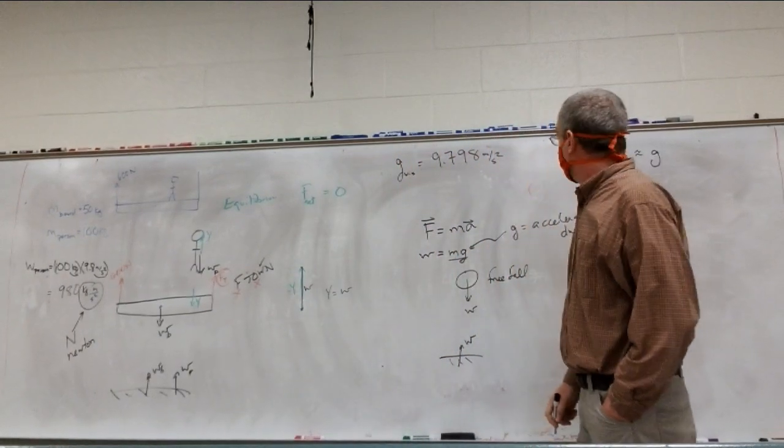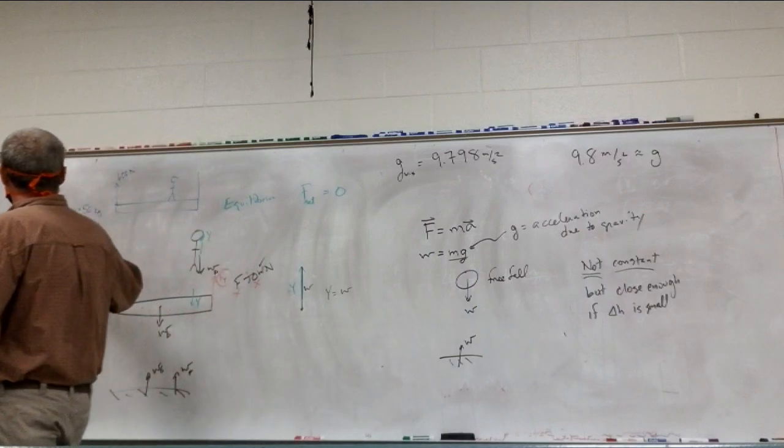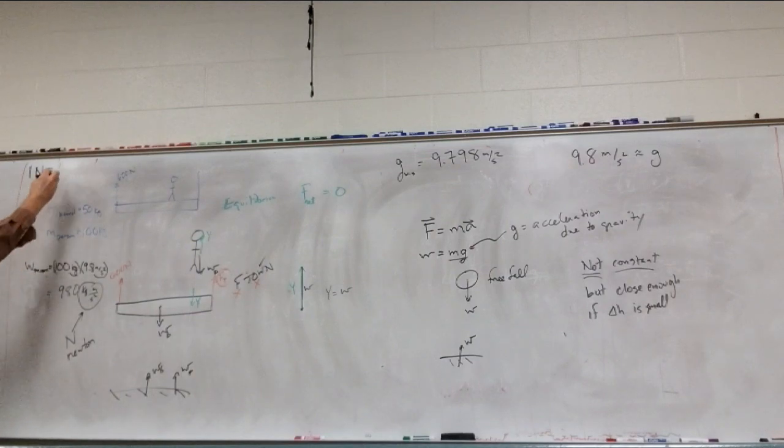So by definition, and we'll put it up in, I guess this corner is a little bit more centrally located, 1 Newton. I have 3 lines there. When you see the equal sign with 3 lines, that means it is true by definition. There's no derivation, there's no interpretation. It is the powers that be sat down and they said, we are going to say 1 Newton is a kilogram meter per second squared.